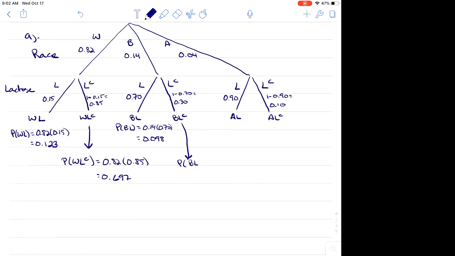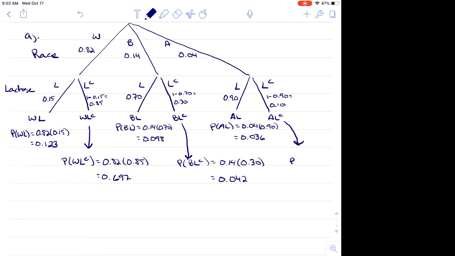Probability of B not L is 0.14 times 0.30, 0.042. Probability of AL is 0.04 times 0.9, 0.036.